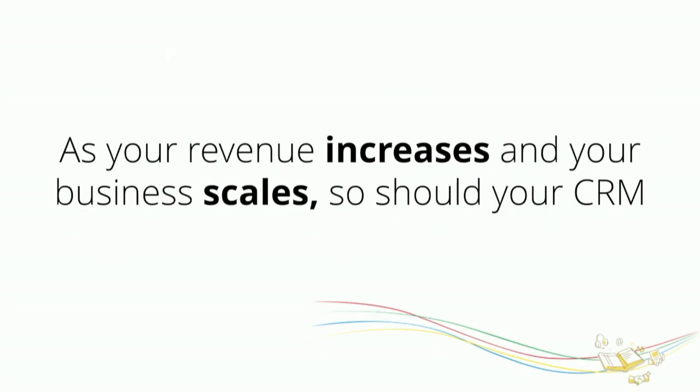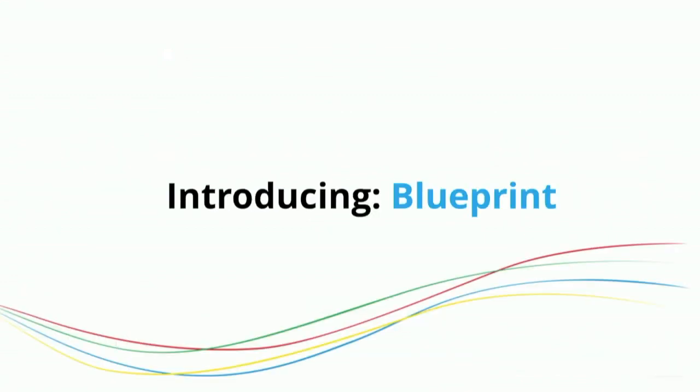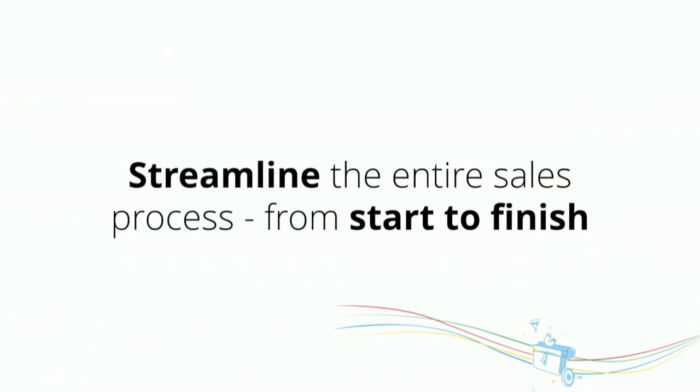So that's where it's really important to say that as your company grows and scales and your sales process changes, your CRM should actually adapt to that as well and be able to log those changes and make them more specific to how it works for you. So that's where Blueprint actually comes into play. When we think about it, we need to have that process set up from start to finish.